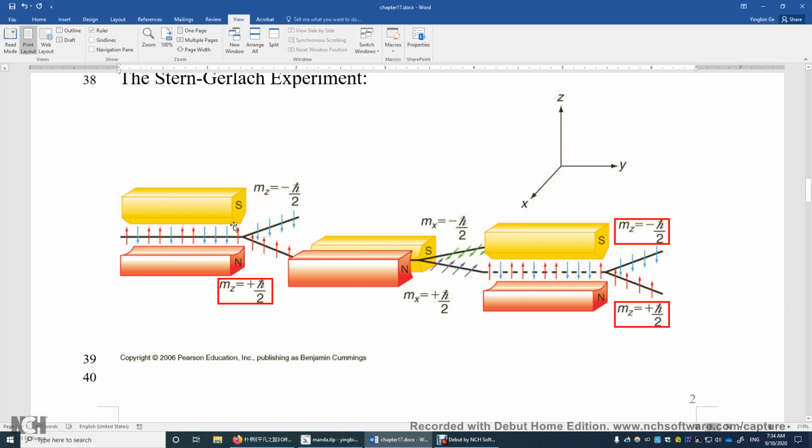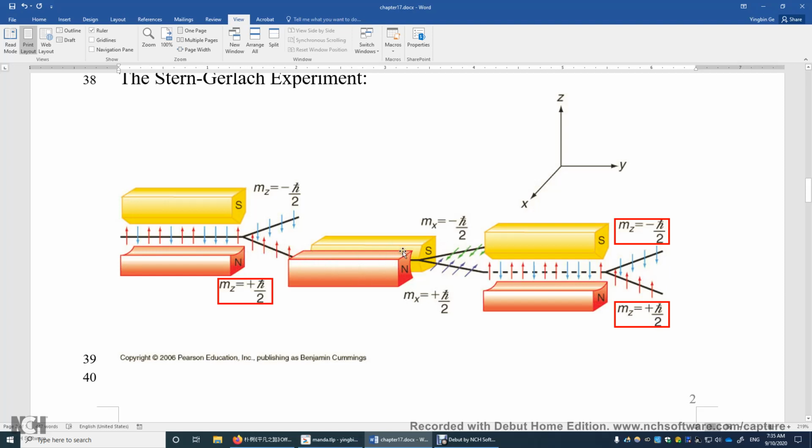In quantum mechanics, when you measure any property of a particle, you are applying an operator to that particle. So right now, we are applying the angular momentum operator to the particles. And specifically, we are applying the z component of the angular momentum operator to those electrons. All right? And there are 2 possible eigenvalues, negative h bar over 2 and positive h bar over 2. So we can select these electrons with a positive h bar over 2 eigenvalue. And then we allow these electrons to pass through this magnetic field.